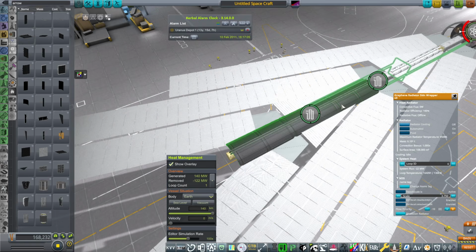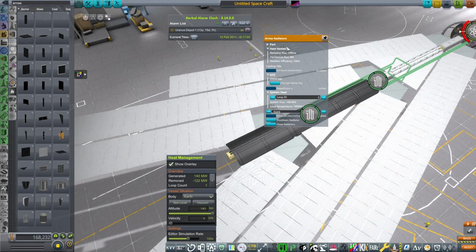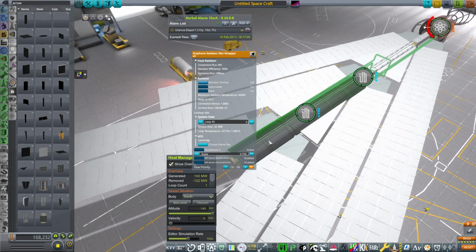Graphene does very well. It does a lot better than the titanium radiators that are part of the arrow radiators, and the number that I selected for how well they do is 200 kilowatts per meter squared. So it reports its own surface area here, and what we're trying to do is get 200 kilowatts per meter squared, and that's why we get 22 megawatts here.